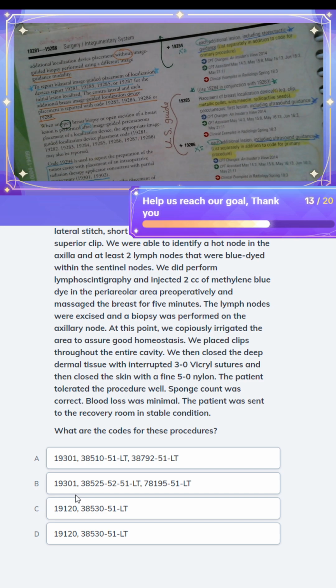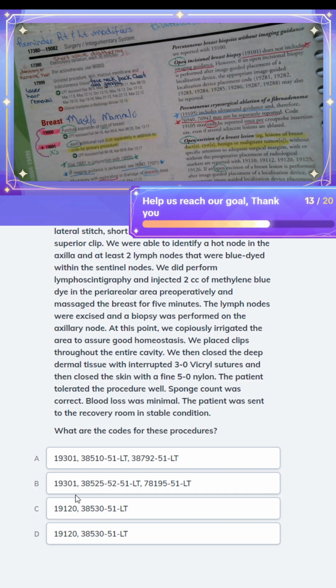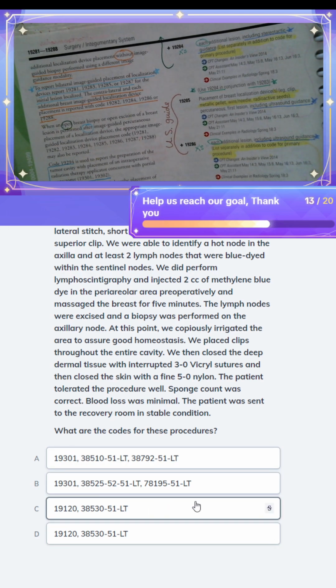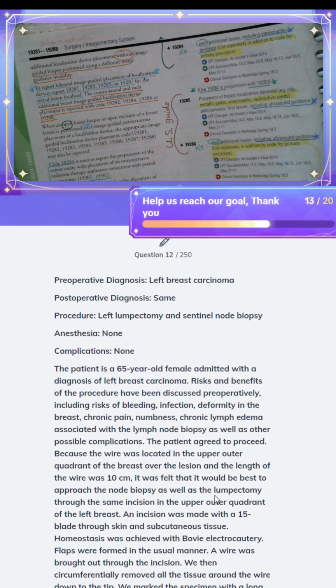No, that's the mastectomies. So, did we remove a cyst or an excision of something? Or did we remove the whole breast? The mastectomies is what our differences are between A and B and then C and D. So what did we do?